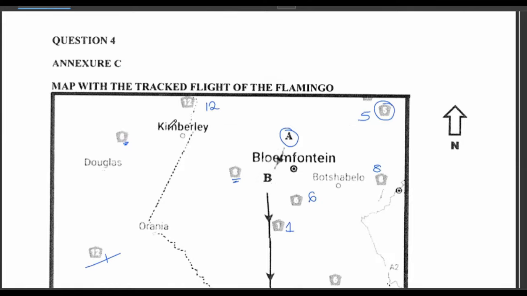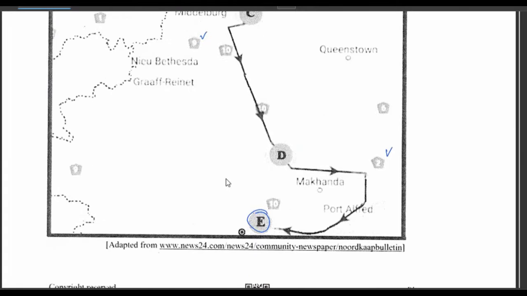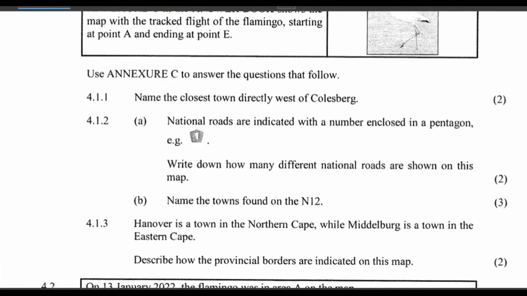So when you count them, we say 1, 2, 3, 4, 5, 6, 7, 8. So there are 8 of them. 8 national roads.